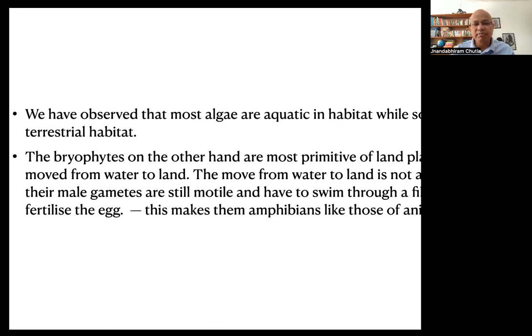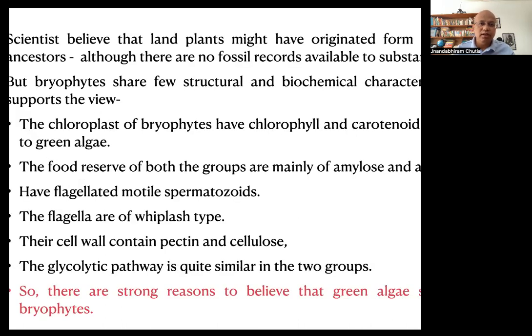And this makes the bryophytes basically amphibians, like what we observe in the animal kingdom. So the scientists believe that the land plants might have originated from freshwater green algal ancestors, although there are no fossil records available to substantiate this belief.